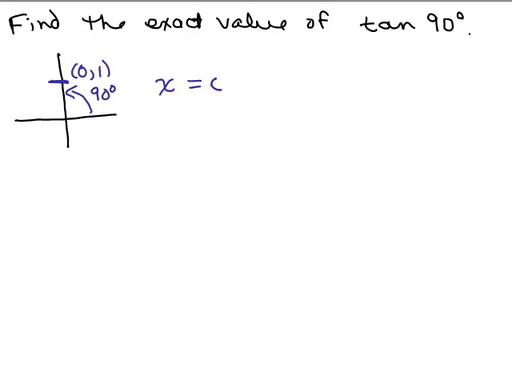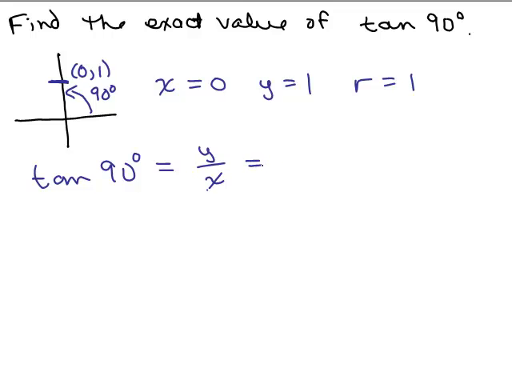So then x is 0 and y is 1, and r will be 1, right? Because it's just one space from 0 to that point 0, 1. And the ratio for the tangent is y over x. So what happens here? I have 1 over 0.